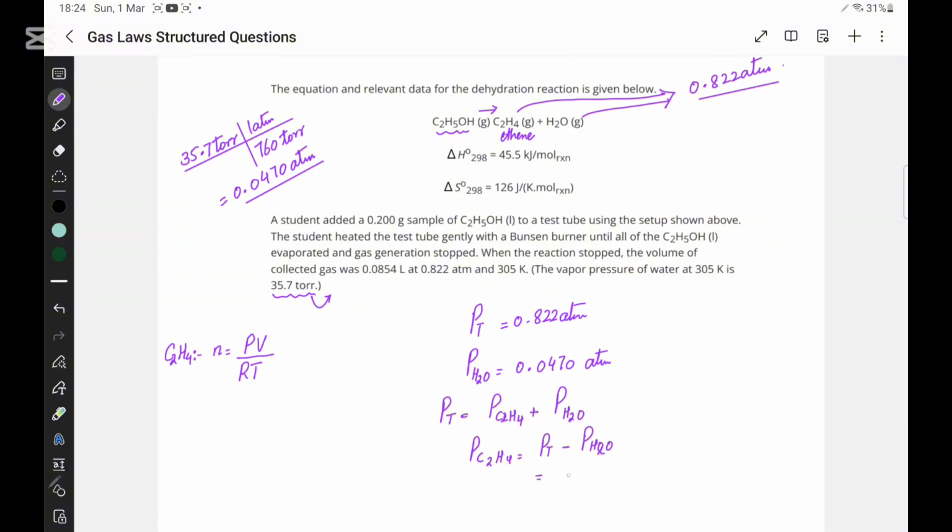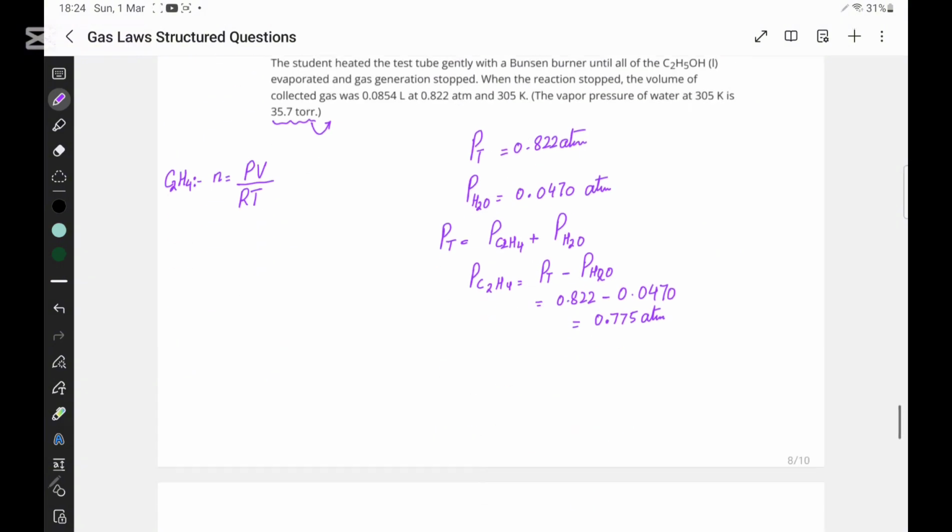So 0.822 minus 0.0470, and the answer that comes out to be is 0.775 atm.